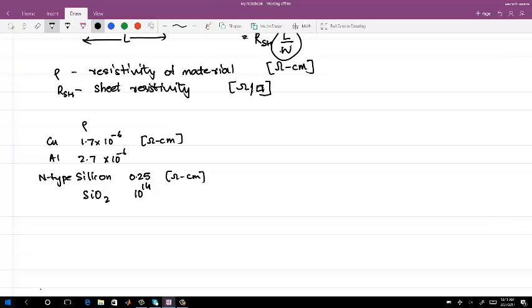Now the question is, what do you use to realize an on-chip resistance? Looking at this, you can say that using a P-type or N-type silicon is a good way to realize any finite, controllable resistance in a smaller form factor. There are a lot of things like controllability also.